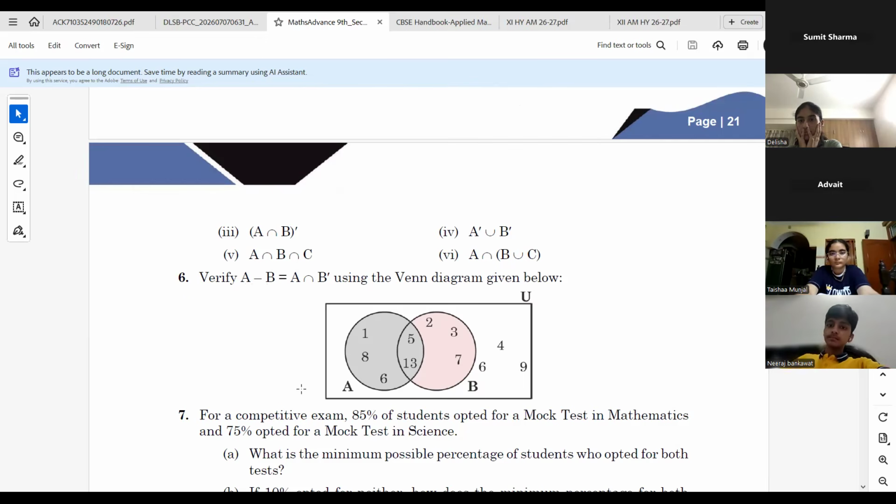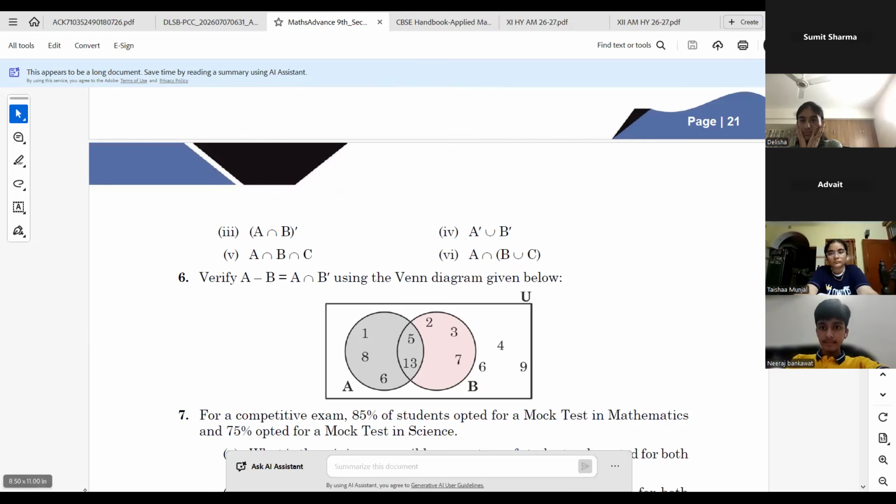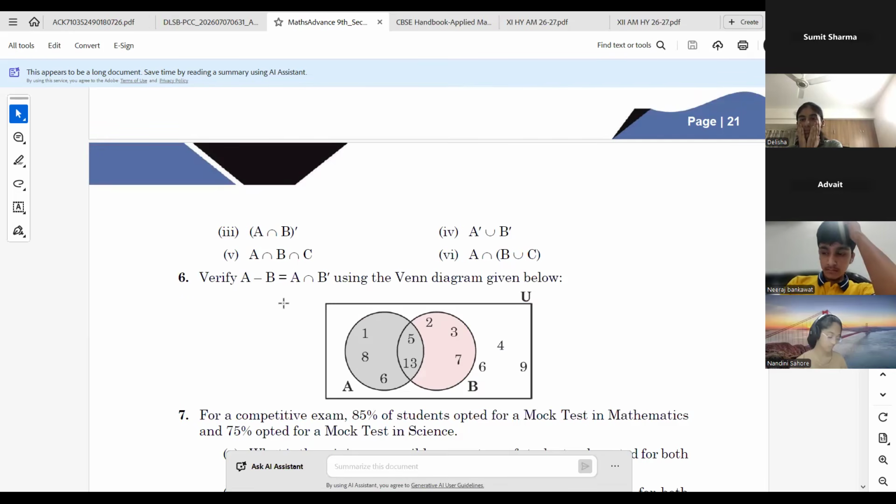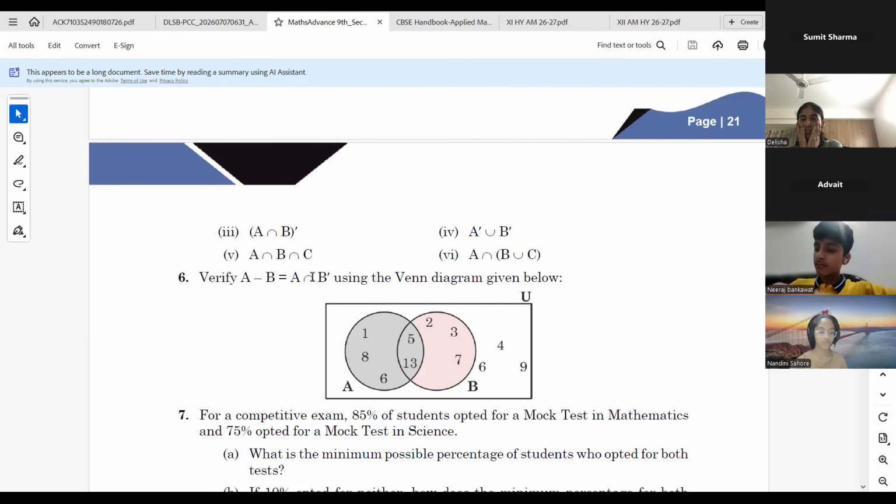Actually, that's a formula that we have to remember also, and we have to verify here that they are equal. But you will have to learn it also for the application part, right? So A minus B is equal to A intersection B complement. So that we have to first prove here.